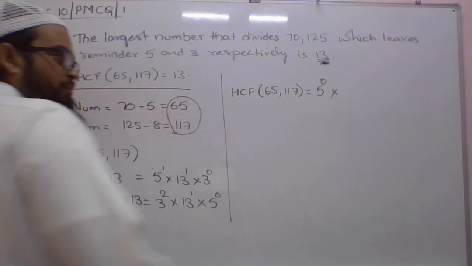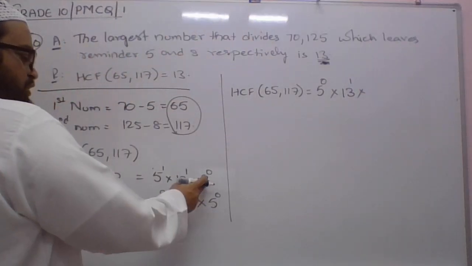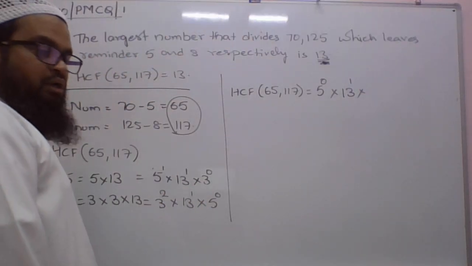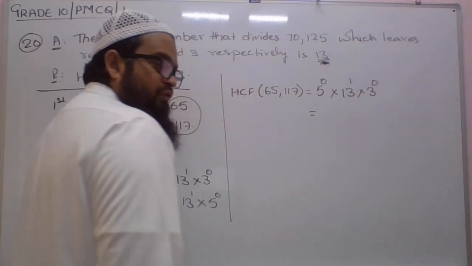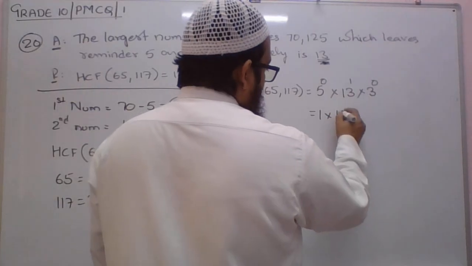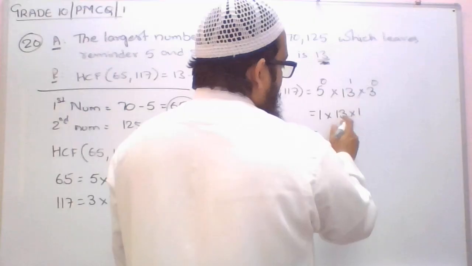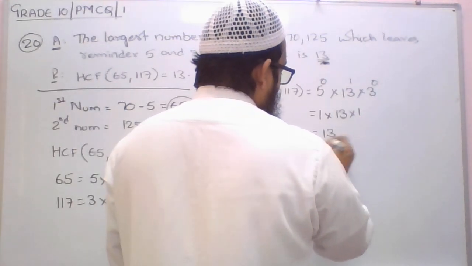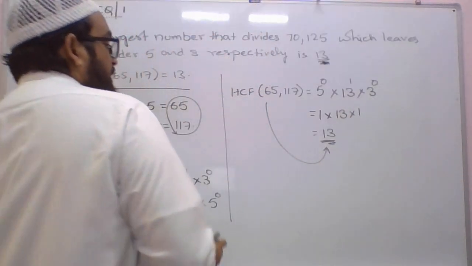Both are the same, so 13 to the power of 1, into 3 to the power of 0 and 3 square. Take 3 to the power of 0. So 5 to the power of 0 is 1, 13 to the power of 1 is 13, 3 to the power of 0 is 1. So 1 into 13 into 1 is 13. So HCF of 65 and 117 is 13.